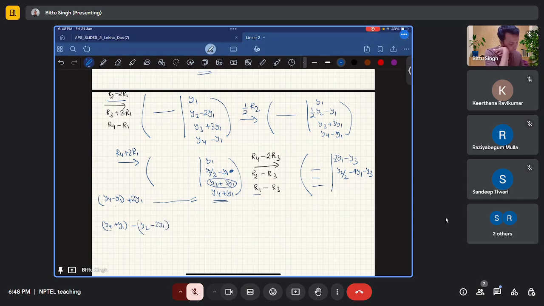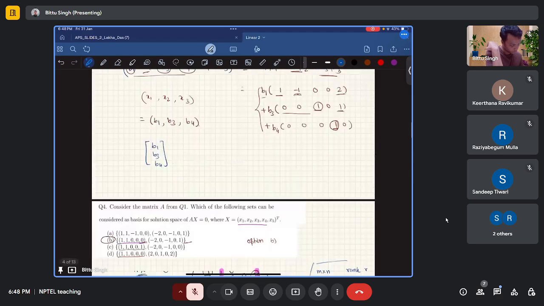If you do these calculations, the third row is unchanged. Third row is Y3 plus 3Y1, but the fourth row becomes 2Y1 plus Y1, 3Y1 minus Y2 plus Y4.